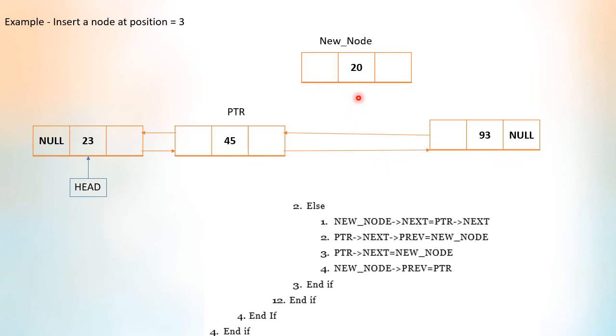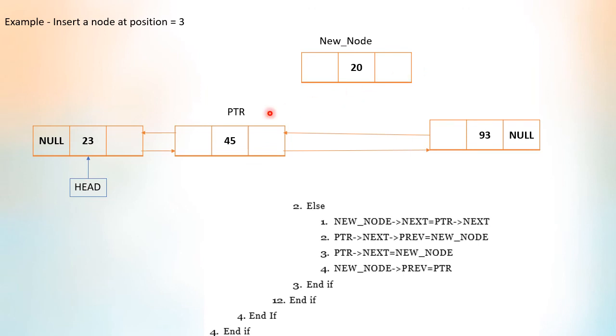First the new node's next part should point to here. So new node's next is equal to pointer's next, which is already pointing to this node. Then pointer's next node's previous part is now to be pointed to the new node. So pointer's next node's previous part is equal to the new node.